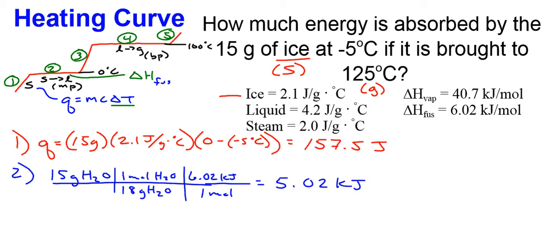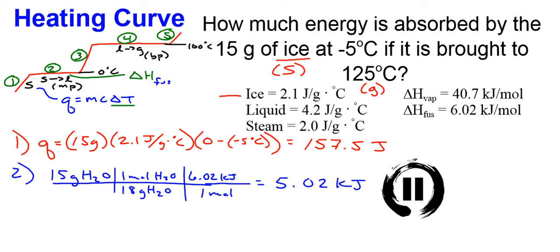As you can see, I have 2 different units right now, and that's going to be an issue, but I'm not going to address that until I'm done. So the formula in red, I'm going to apply to steps 3 and 5, and the process in blue, number 2, I'm going to apply it to step 4.